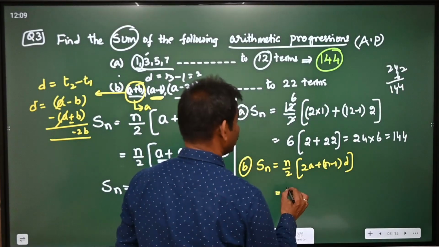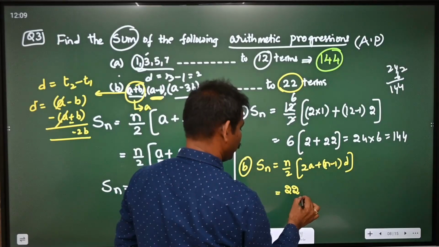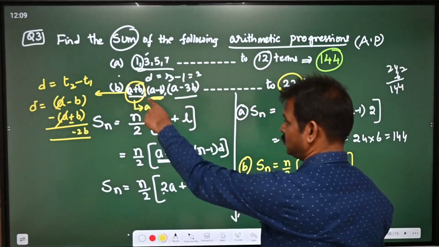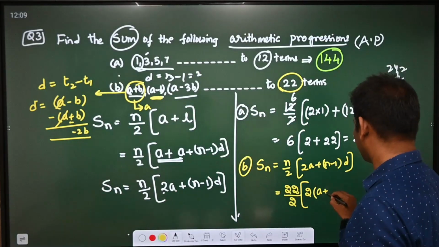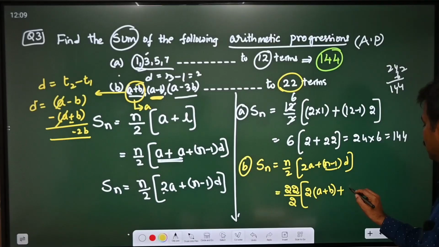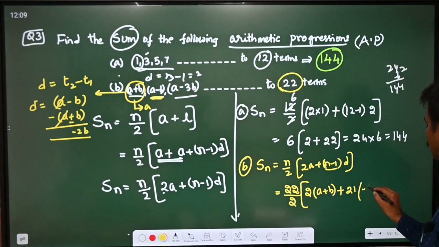This will become 22 terms. This is 22 by 2 into 2 into the first term, a plus b, plus 22 terms minus 1 is 21, and the common difference is minus 2b.